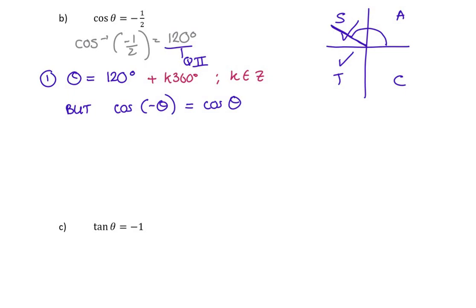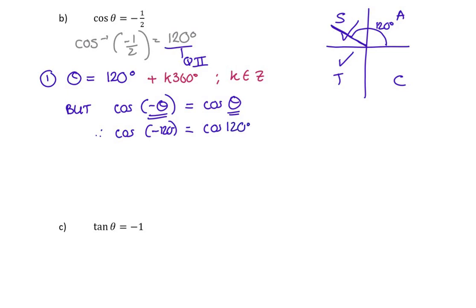We learned that in trig reduction. So if this is 120 degrees, of course we could do 360 minus 120 and get our second solution. But cos of a negative angle is the same as cos of the angle. So therefore, cos of negative 120 is the same as cos 120.